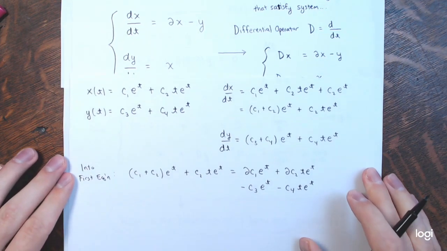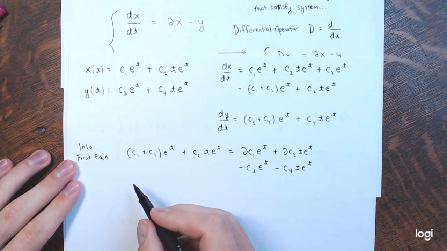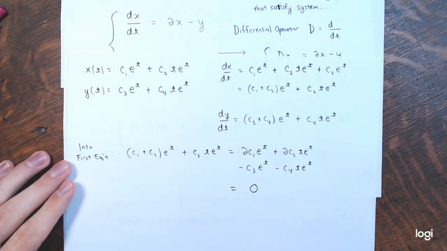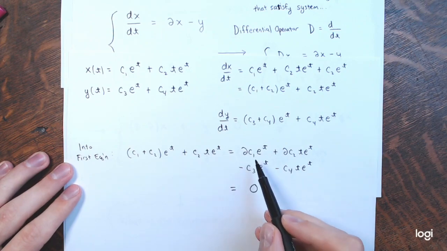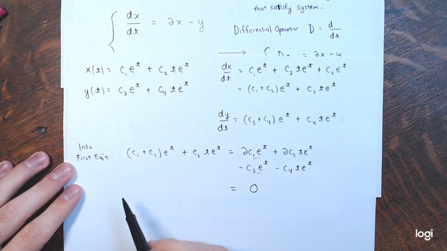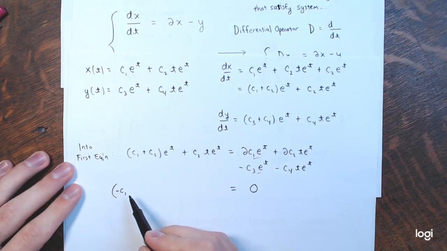What I'm going to do is take everything to one side and have 0 on the other, and we'll see very clearly how these coefficients have to relate to one another. If I put all the e to the t terms together, I'd subtract 2c1, so c1 minus 2c1 would be negative c1.